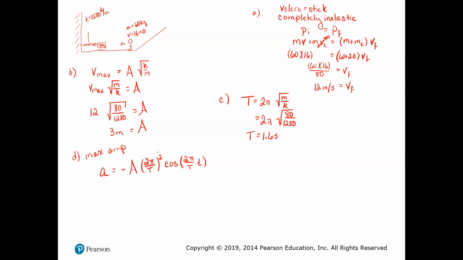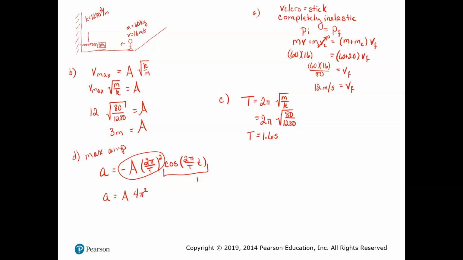So our maximum acceleration is going to occur when this cosine function is 1, which means we are looking at this right here for our maximum, well, magnitude of that. So if I look at my magnitude, so I've got my amplitude, so that's going to be here. I'm going to have 4 pi squared.